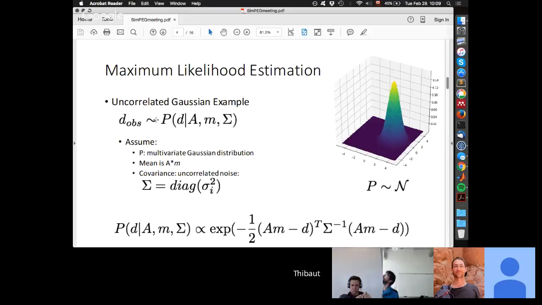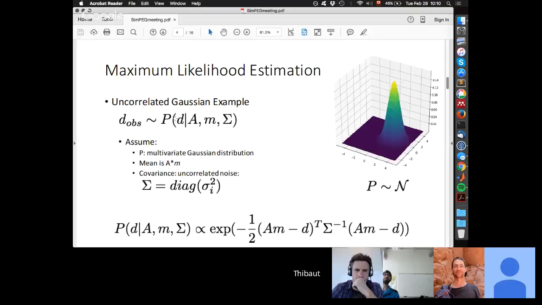Knowing the data and assuming I know my probability distribution, my physics and my covariance matrix, I want to play on the model M, so I maximize the likelihood, so I maximize the probability of my data. What I'm saying is that I have data and I'm considering that's the most likely one, and I'm going to play on the model parameters to make the data the most likely. That's the approach. Does it make sense for you? I think so.